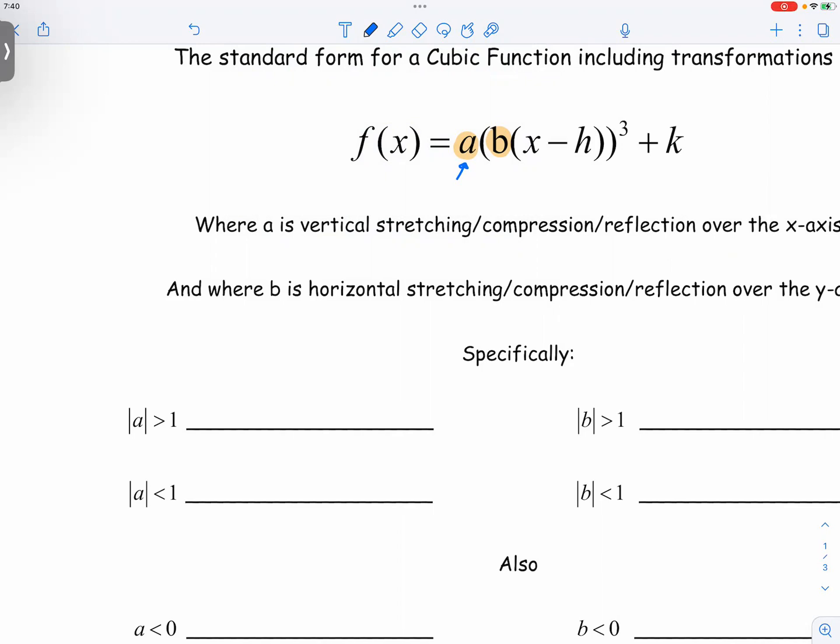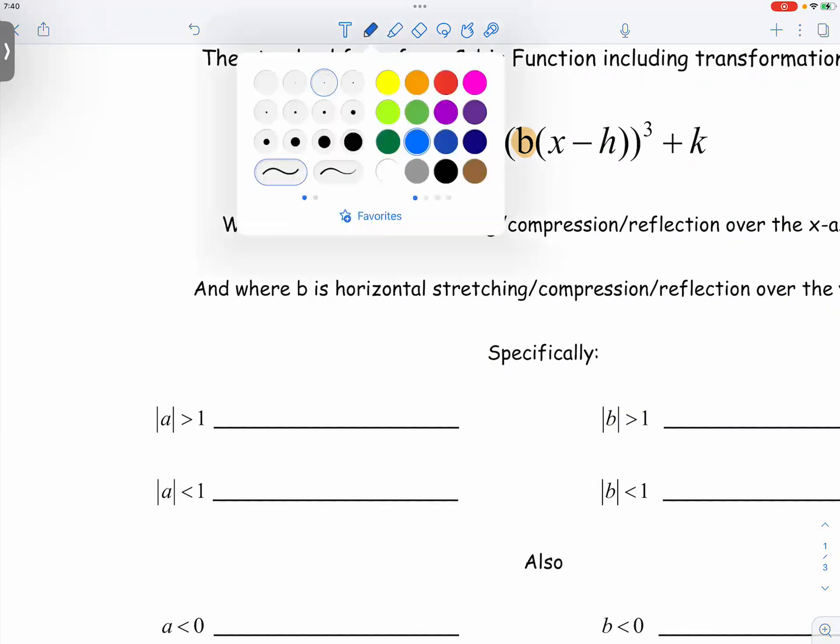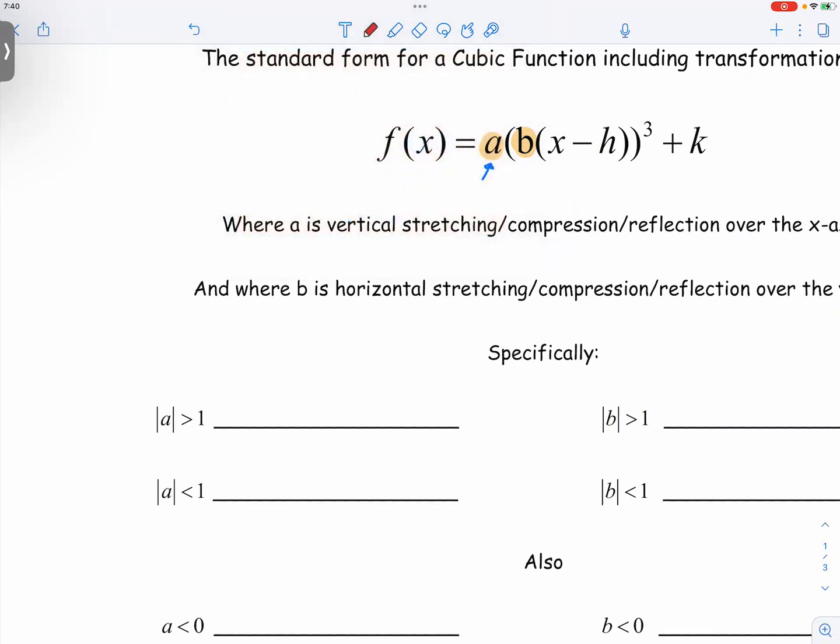First, which direction? Is it vertical or horizontal? It's vertical. Okay, again, the one that's way up front. Now, the better way to tell, if you say, hey, Mr. Chan, I have a hard time telling which one is vertical, which one is horizontal. Now, we are talking about cubic function, right? So this is the cubic function.